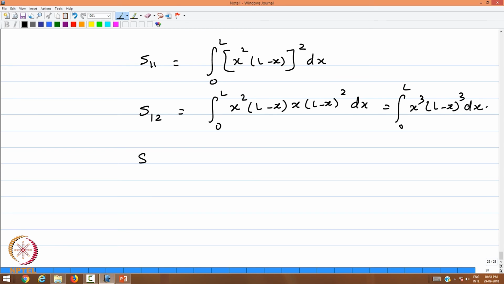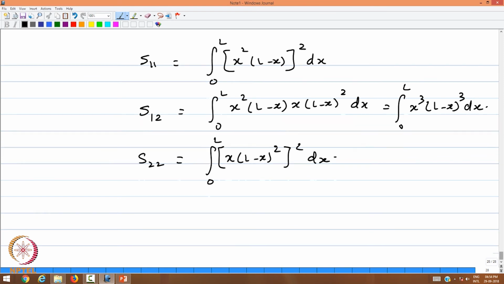And likewise, S22 is the integral for the second function, namely x into L minus x whole square, between 0 to L dx.